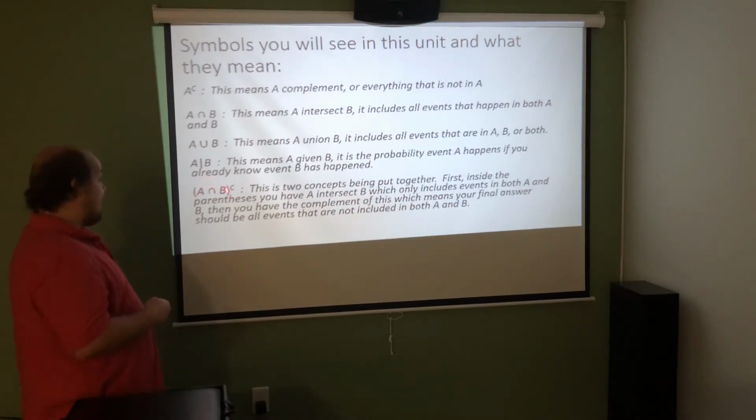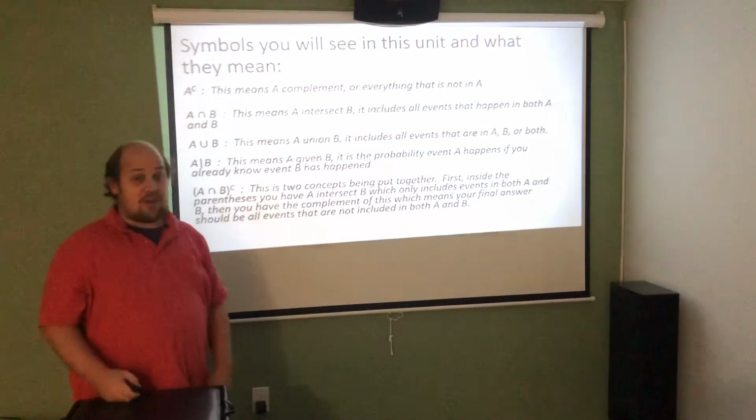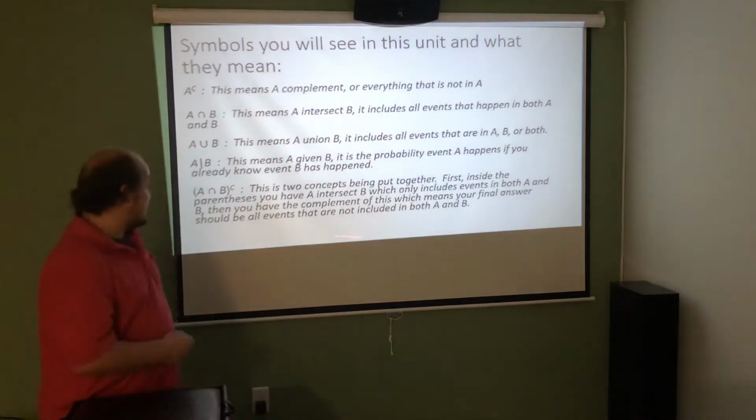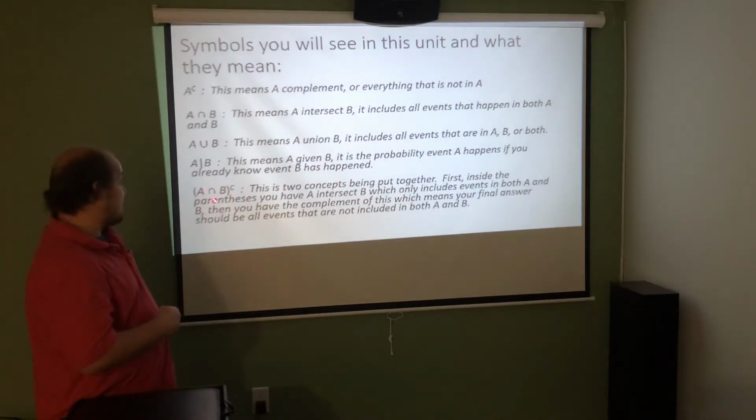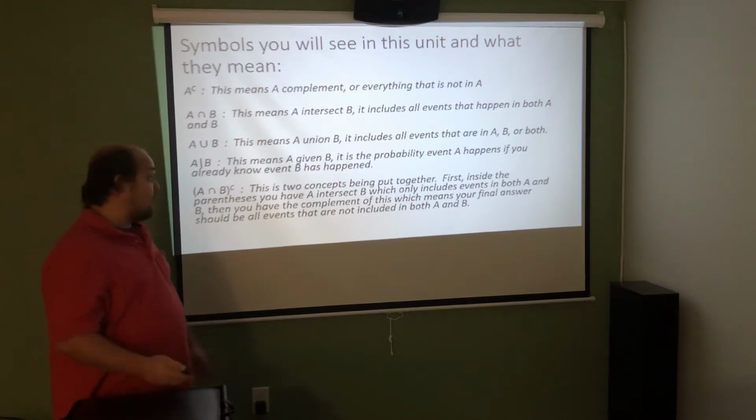I can have an intersect where I then take the complement of that intersect. Similarly, I could condition or put a given line around an intersection or union. It's not something that we're going to cover in this class. Really, this is about as hard as we'll get as far as putting multiple concepts together, but do be aware that all of these concepts I can combine in one way or another.